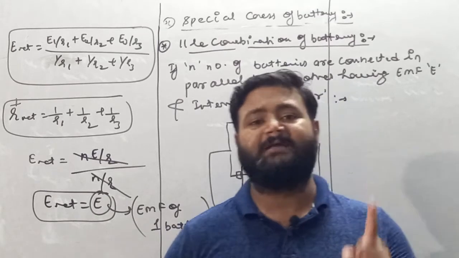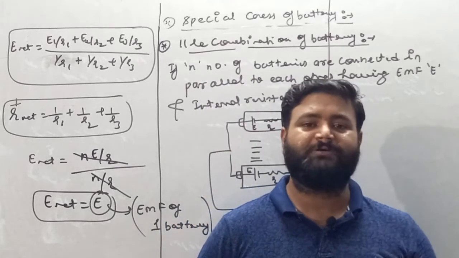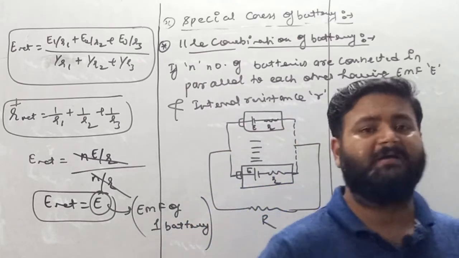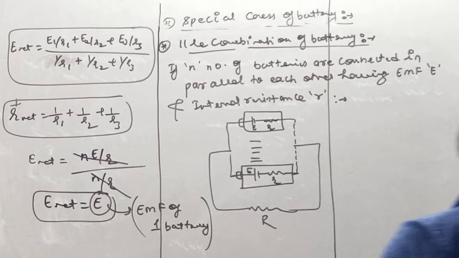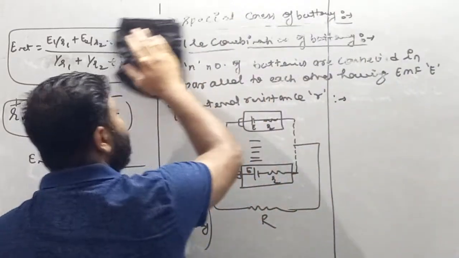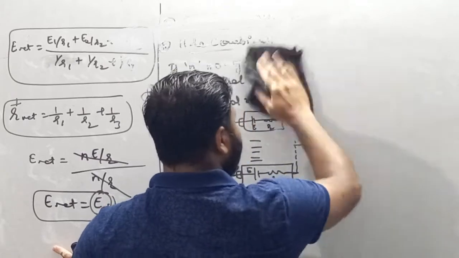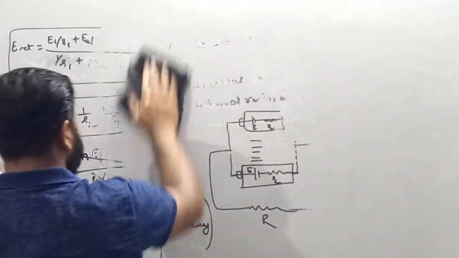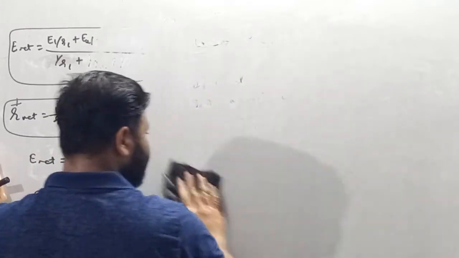Then only the device is capable of giving you the output. So remember, a very important point, my dear student: if the devices are operated with a battery, then the device must be under mixed combination. This is all about cases of battery and details of battery, dear students. This topic ends here, one part of this chapter.